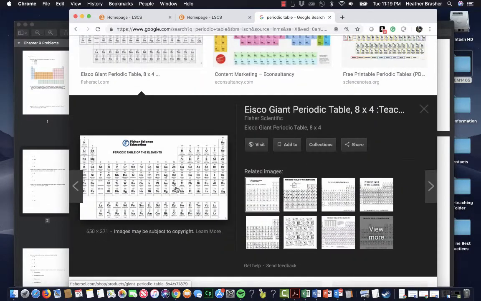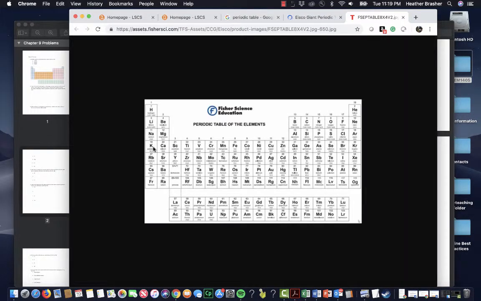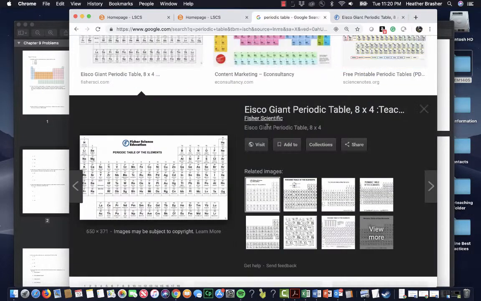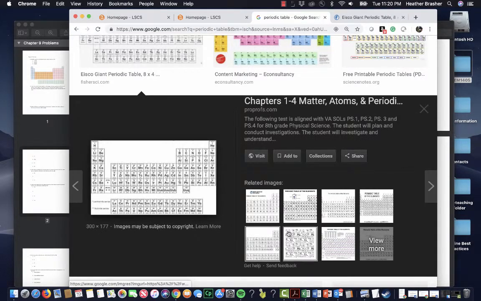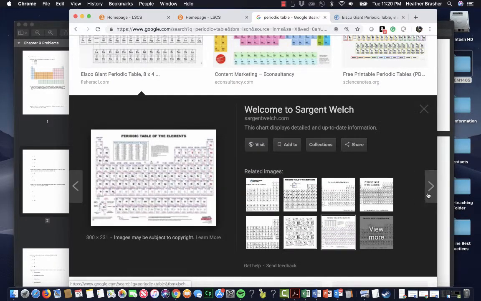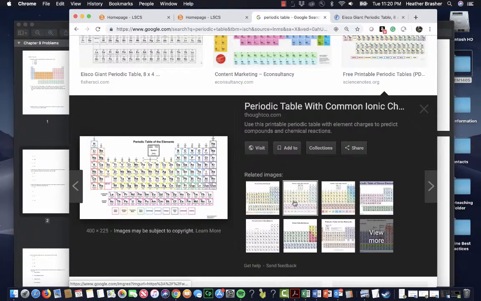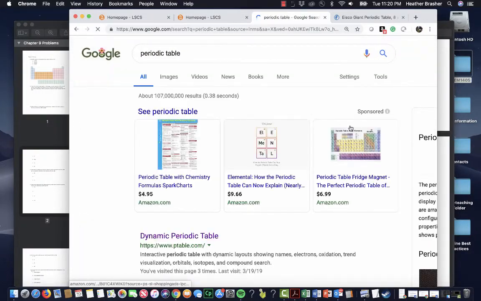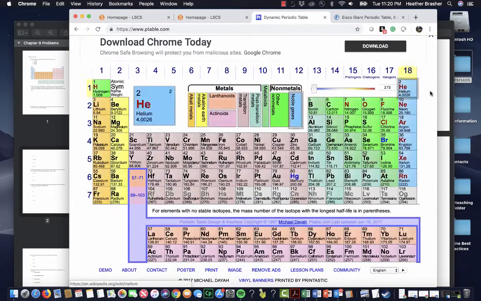Let's see what that one looks like. Not big enough. Maybe I'll just go ahead and use the dynamic one, and I'll just write the individual things at the top that I want you guys to see.